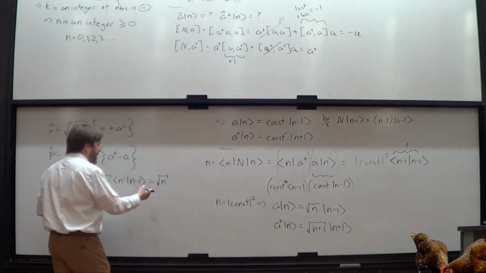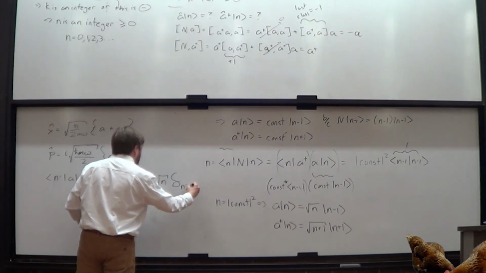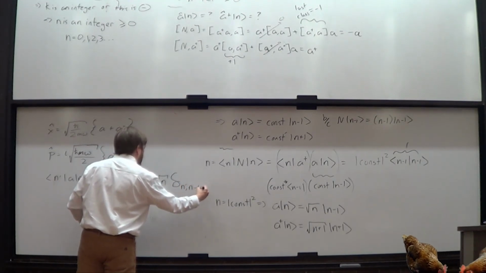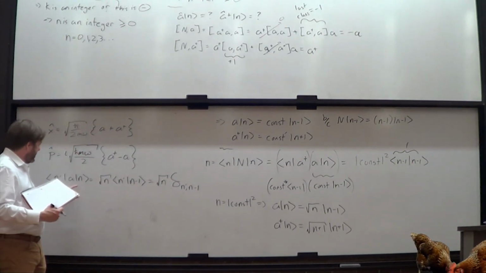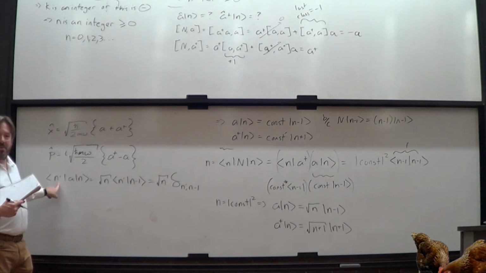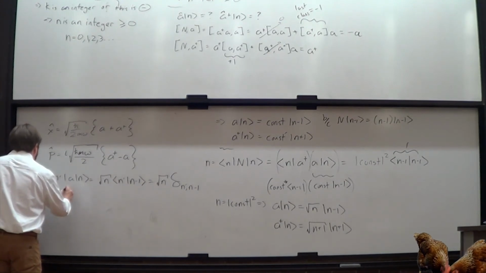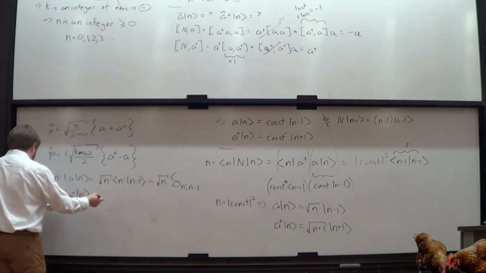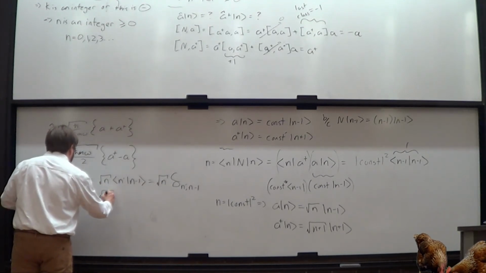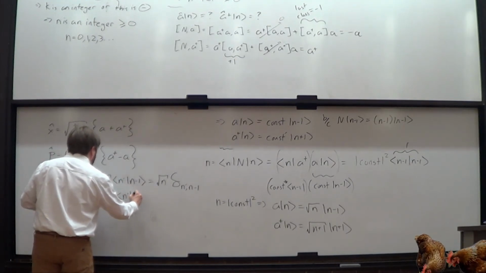So this is square root of n. Now, you might think I was going to call it 0. No. It's the Kronecker delta. I never said what n prime was. So this has got to be n minus 1, in other words. If not, it's 0. And then likewise, now I know you're probably looking at this like, what the hell would I do with this? So this would be n plus 1 with n prime.